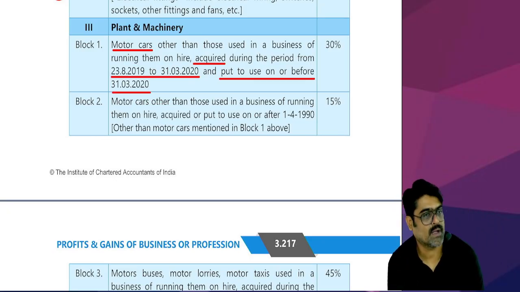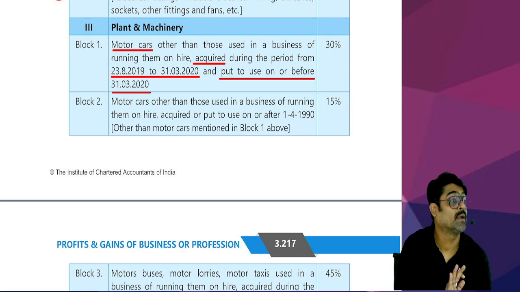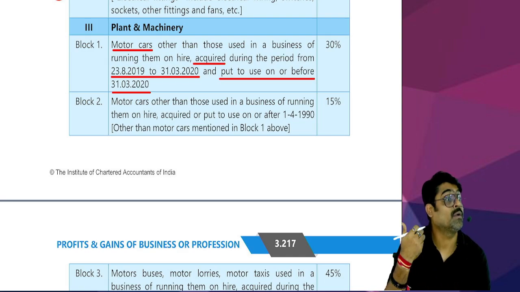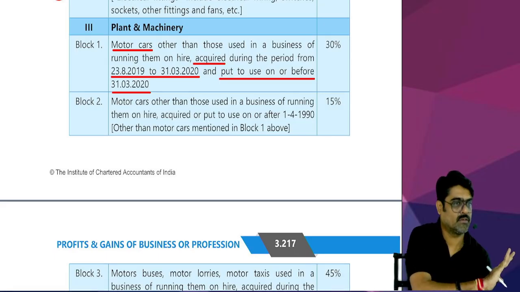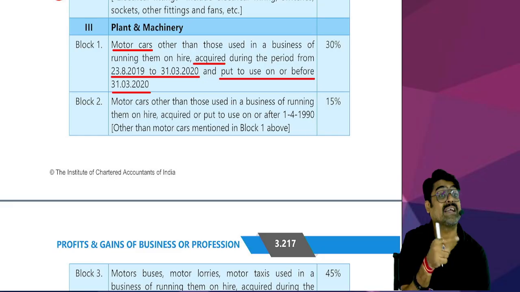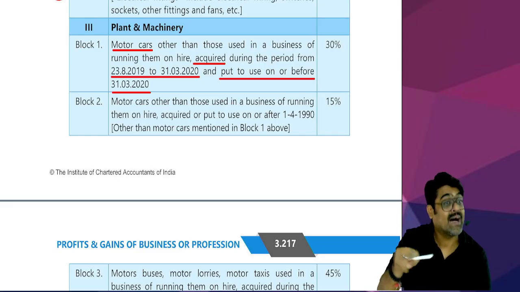So do you have motor cars? Are you using the motor cars in your business? But your business should not be running the motor cars on hire. Any other business is fine.